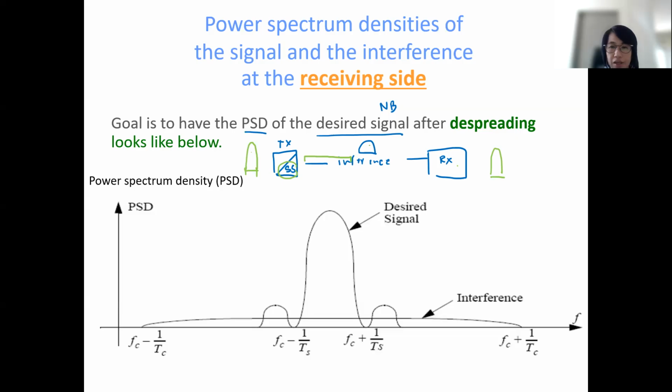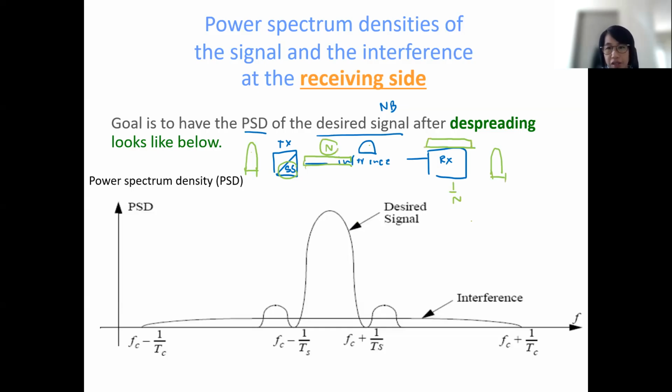At the transmitter you did the spreading, so at the receiver you have to shrink it. If you made it n times wider, you have to shrink it n times lower. When it arrives, you divide it by the factor that you expanded, and then you can get the same signal.